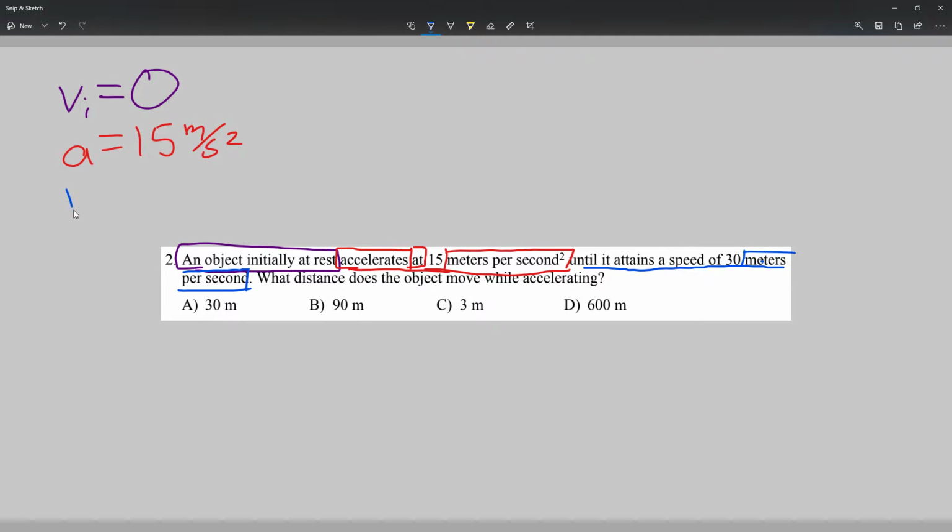And if you're going from one speed to another, you should realize that this is your final velocity. You're going from an initial velocity of 0 to a final velocity of 30 meters per second. That makes sense, right? Miles per hour in American units, and if you switch to metric, it's meters per second.